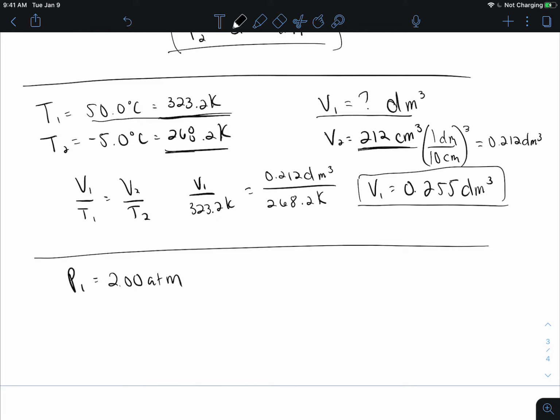And it's occupying 500 milliliters and its temperature is at 25.0 degrees Celsius. It is in a cylinder, and anytime we see cylinder, we assume rigid container. So volume does not change.